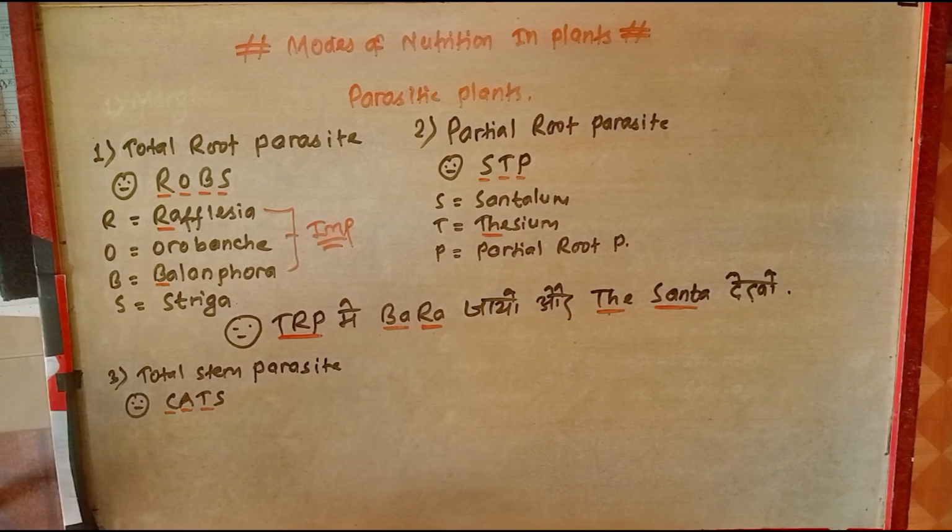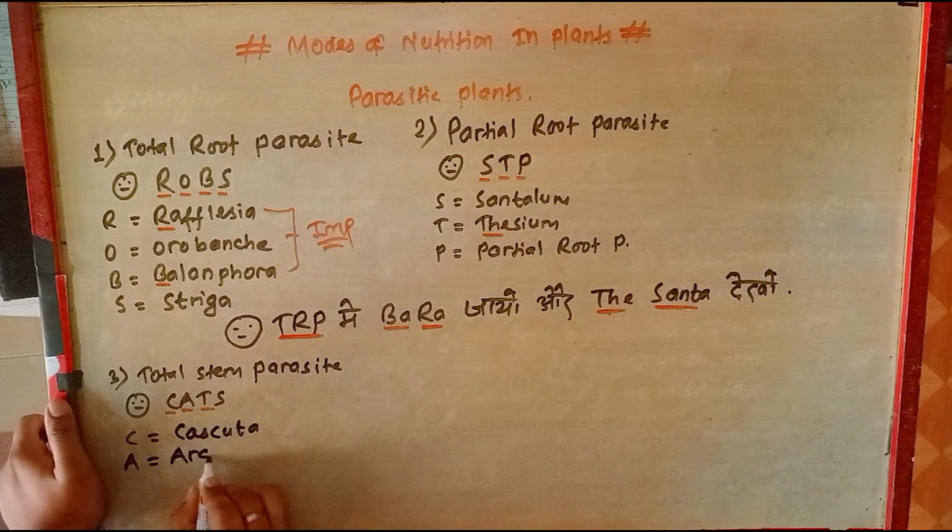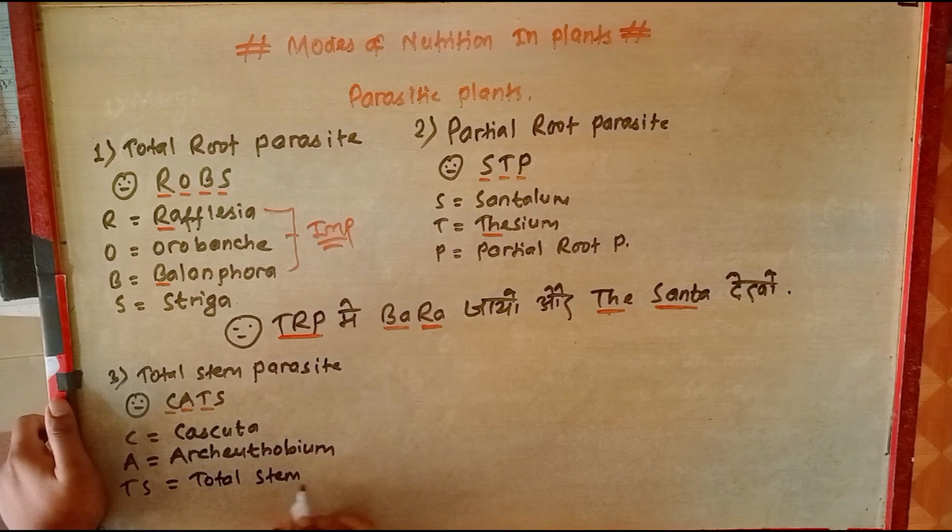CATS. So C means Cuscuta. A means Arceuthobium. And TS means total stem parasite.